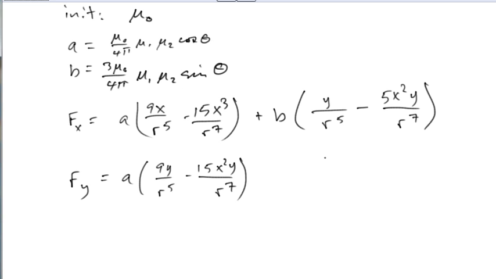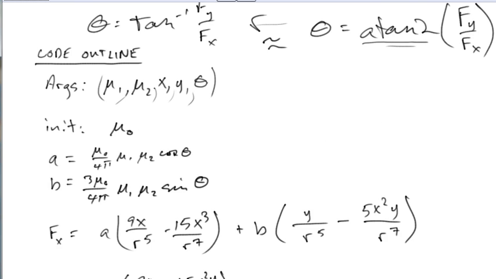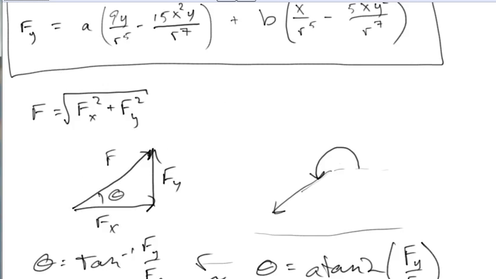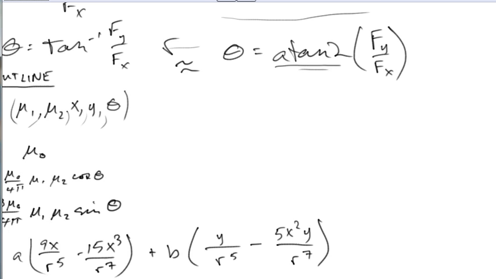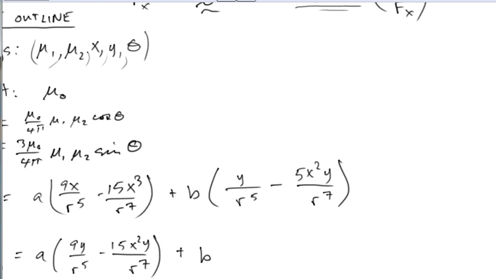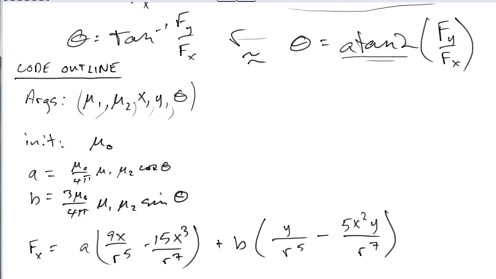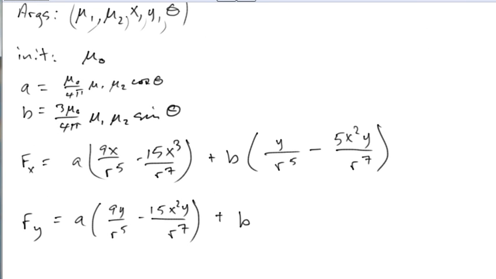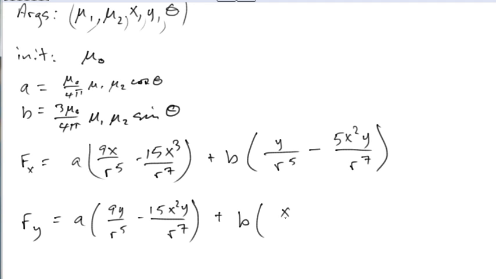And then plus B, and let's see what we got up there. X over r to the fifth, and xy squared over r to the seventh. So that actually looks the same. X over r to the fifth minus 5 x squared y over r to the seventh.